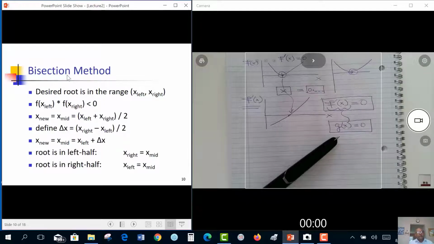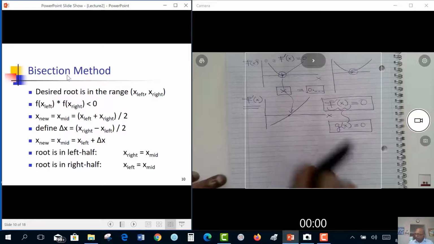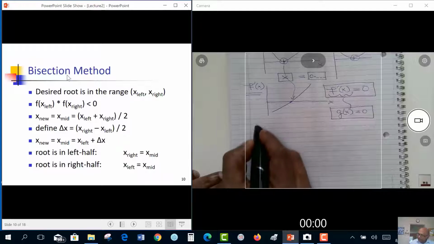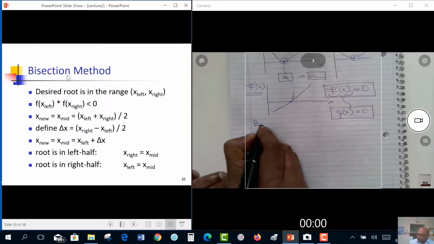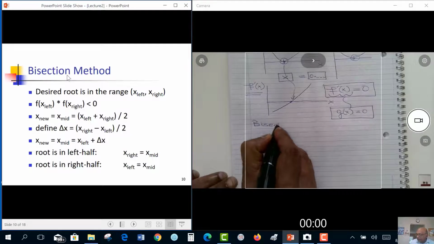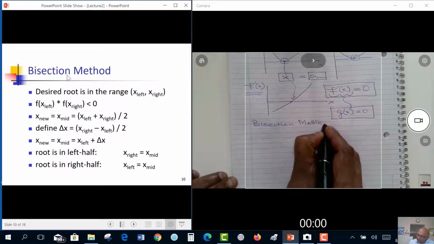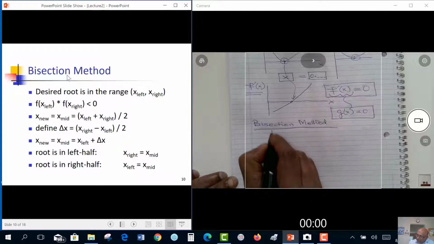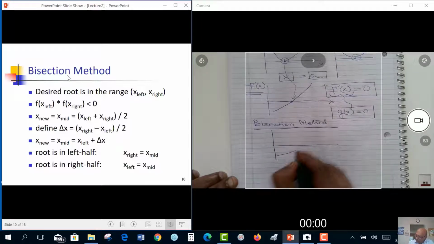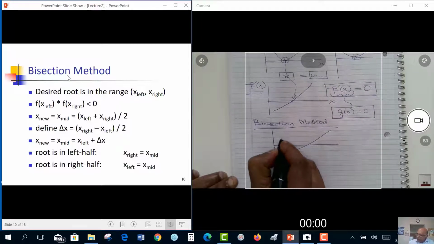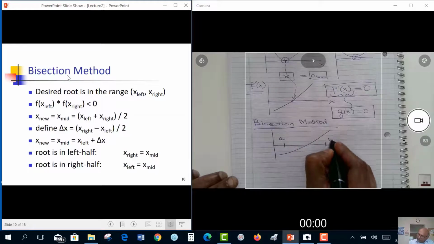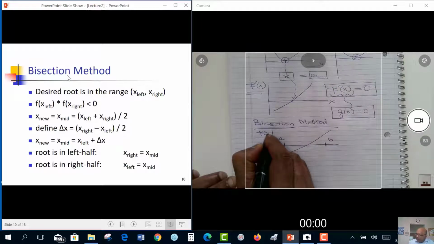So let's see what happens in the bisection method. Suppose we have a root between a and b.